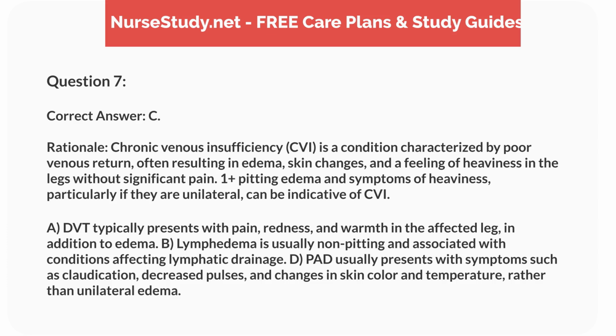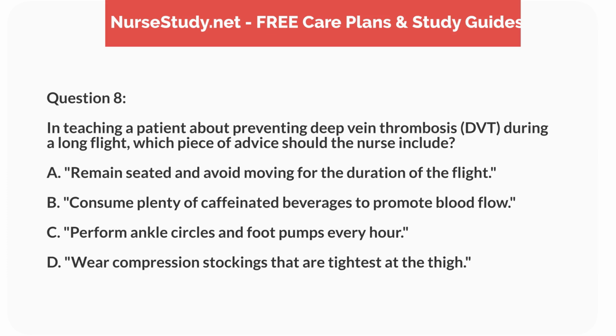B. Lymphedema is usually non-pitting and associated with conditions affecting lymphatic drainage. D. PAD usually presents with symptoms such as claudication, decreased pulses, and changes in skin color and temperature, rather than unilateral edema.